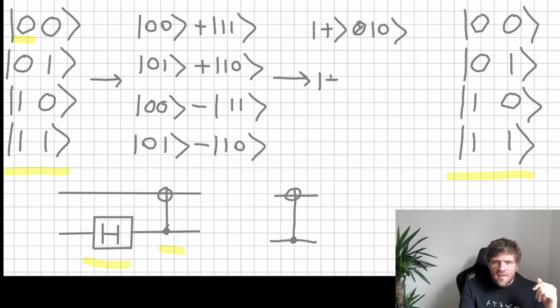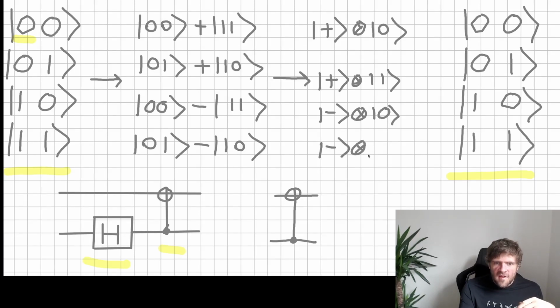So we get a superposition and a 1. In this case, we will get again a superposition, but it will incorporate this phase of minus to make the minus state. And in this case, we get a 0. And in this case, again, we get a minus state, but we get a 1 over here.